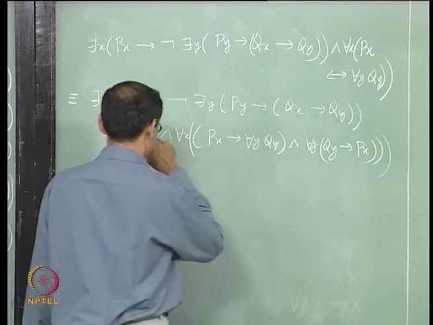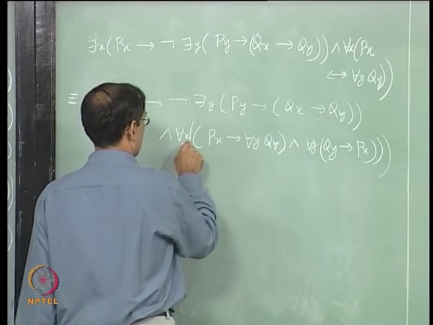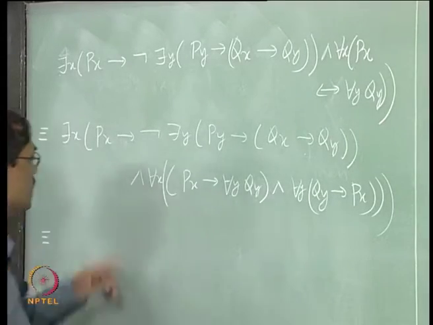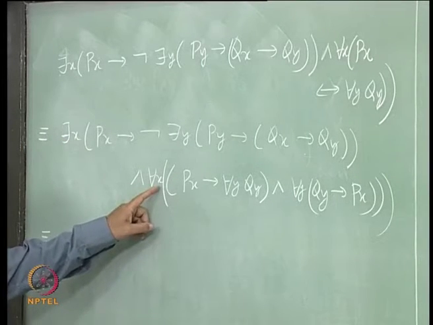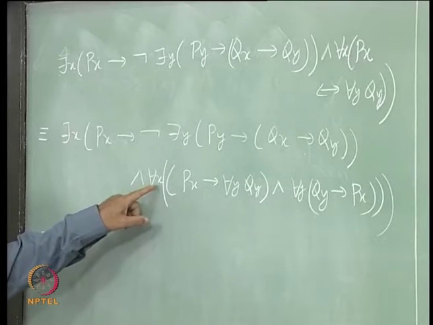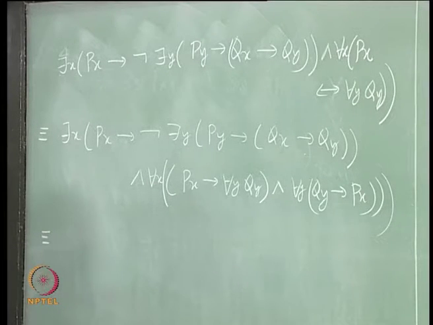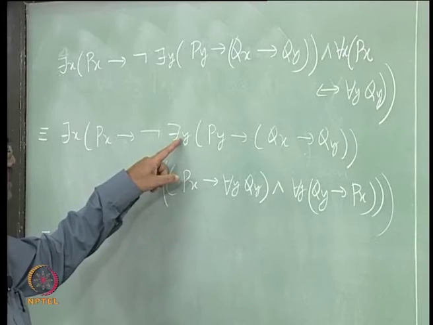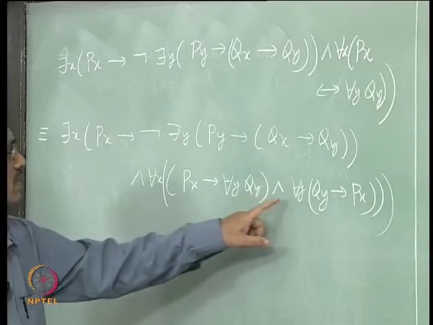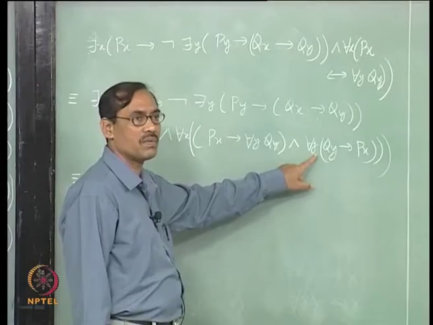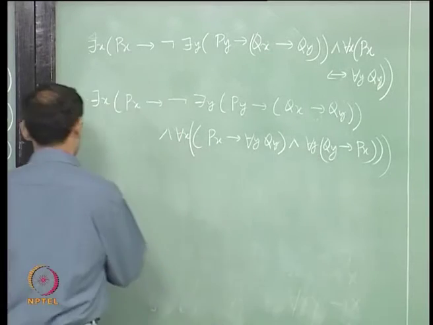So there are two quantifiers using the same variable x, and this has to be renamed. Next, here is one quantifier, there is y, here is also for each y, here is also for each y, they have to be renamed. So let us rename them.